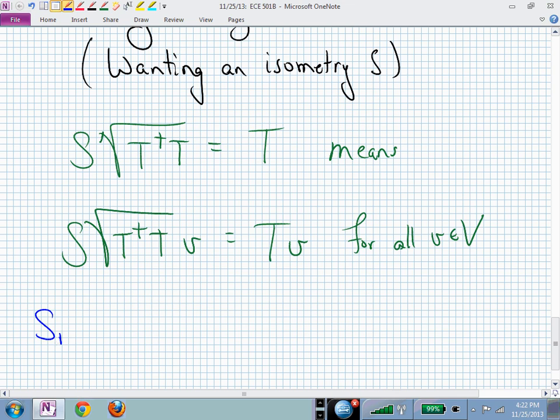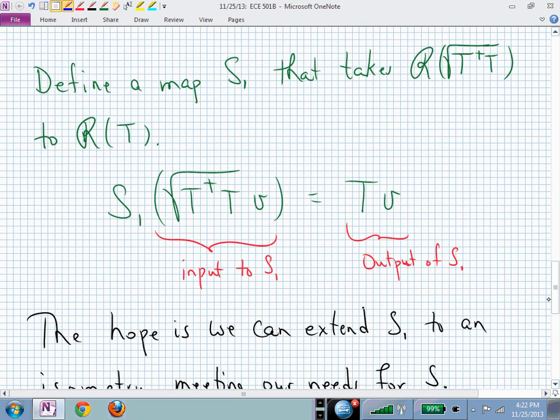Now S1 has actually been chosen to make that true. That's how we defined S1.